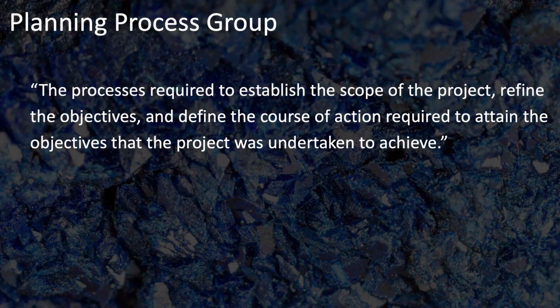PMI defines the planning process group as the processes required to establish the scope of the project, refine the objectives, and define the course of action required to attain the objectives that the project was undertaken to achieve. Key points to see here are established scope.